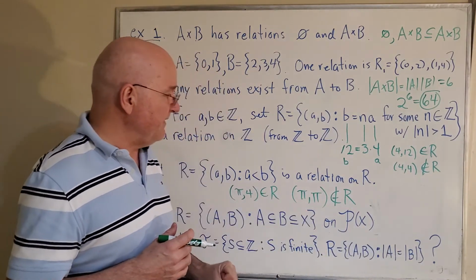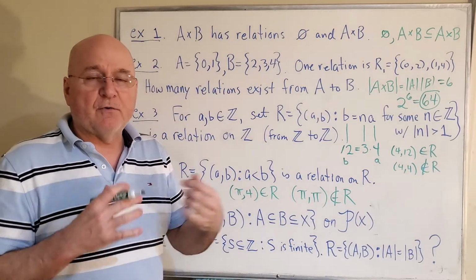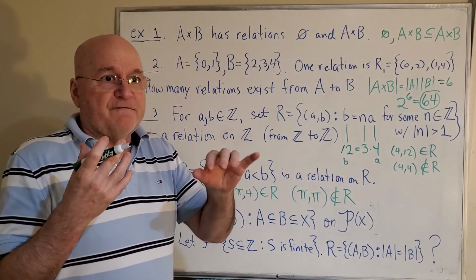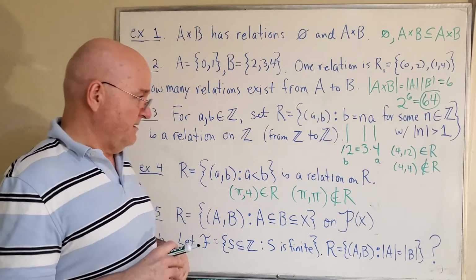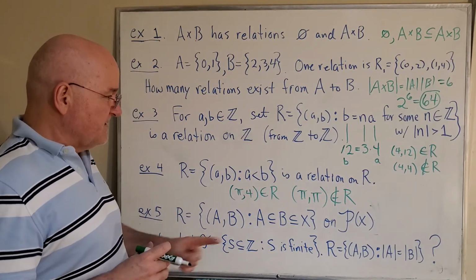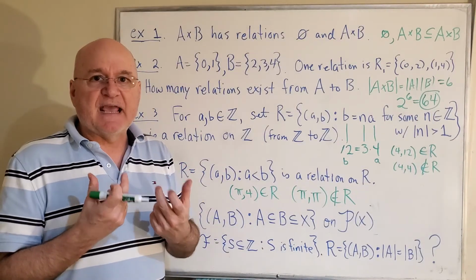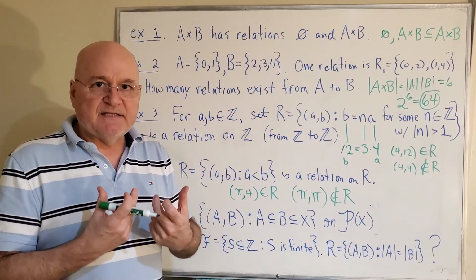They have the same number of elements, so that ordered pair would be in the relation. If you took {1, 2, 3} and {3, 4, 5, 6}, then they would not be in the relation. So another way of saying it is any two finite sets that have the same number of elements are related to each other.